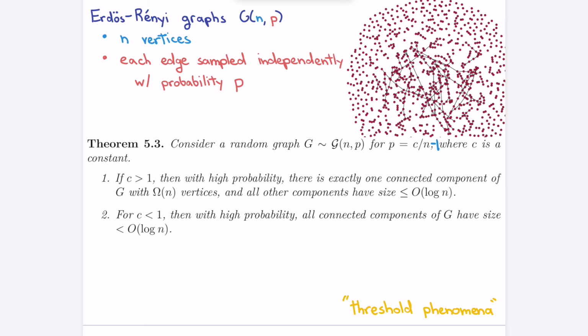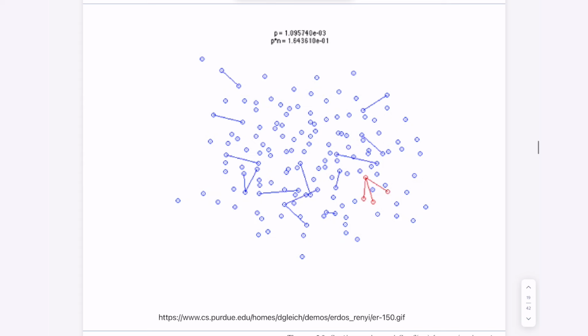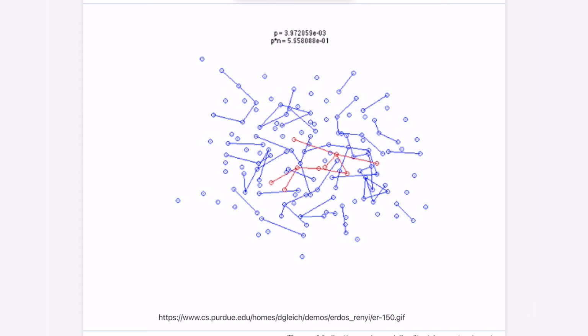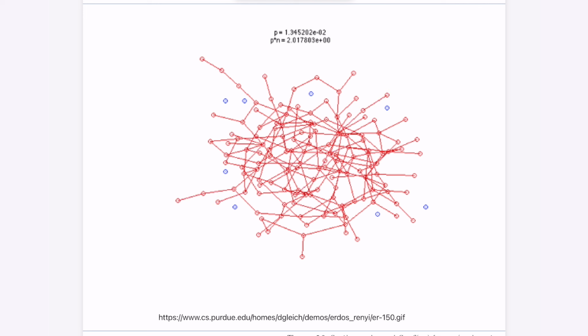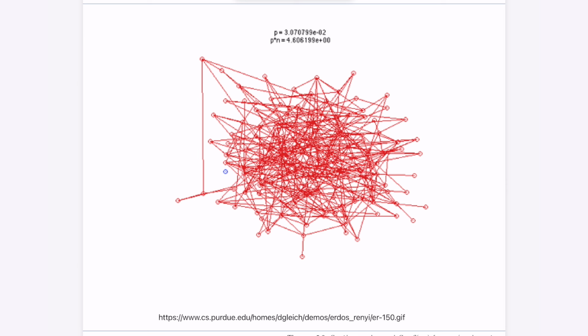And actually, I was talking to David Gleich, and he told me that when he was your age, he put together this demo, which you can find online. Red is supposed to be the giant component at the given point in time, and he paused it right when the average degree hit 1. We can wait for it to restart, I guess.